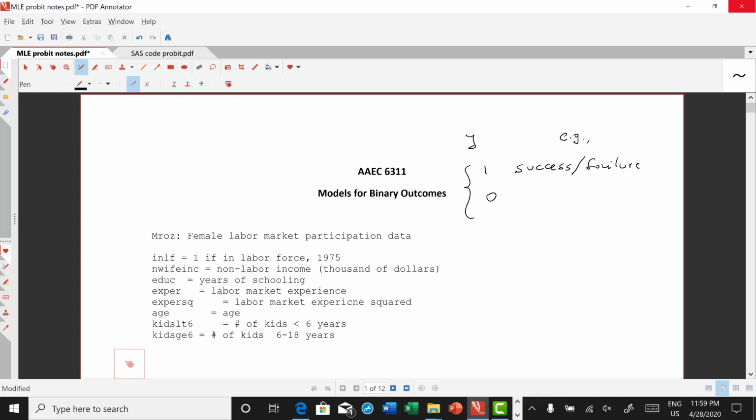Other examples could be presence or absence, for example, of a disease. So 1 could be a disease and 0 could be the absence of the disease. 1 and 0 can also be used to model participation and no participation, and so on and so forth. So these are examples of binary outcomes.